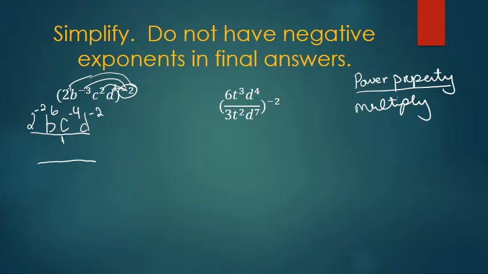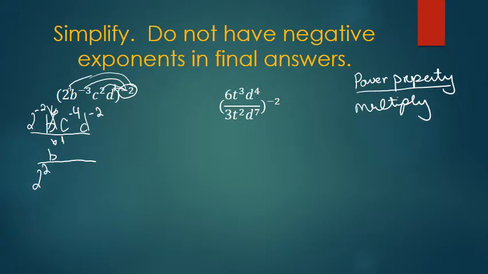So now I'm going to place everything that has a positive exponent where it is already. So in this case, the only positive exponent I have is b to the 6. So I'm going to place that, b to the 6. I'm done with that. And now I need to move everything else because they all have negative exponents. So the 2 to the negative 2 moves to the bottom and becomes 2 squared.